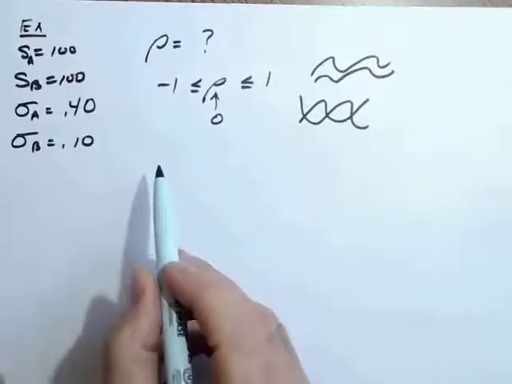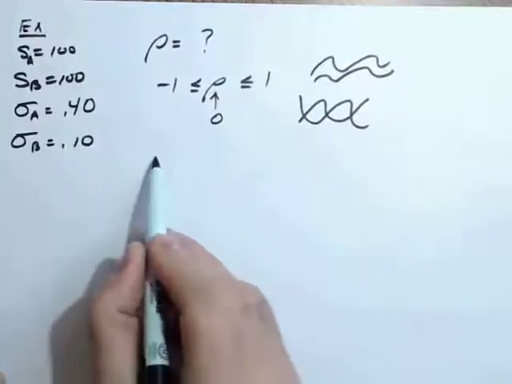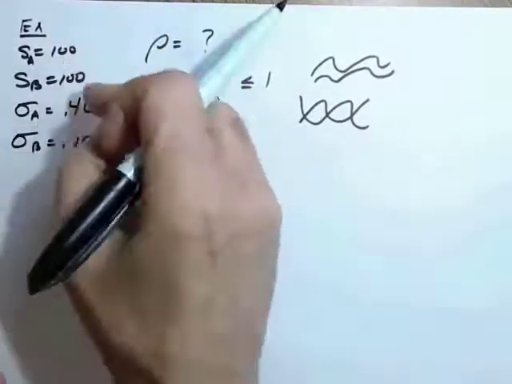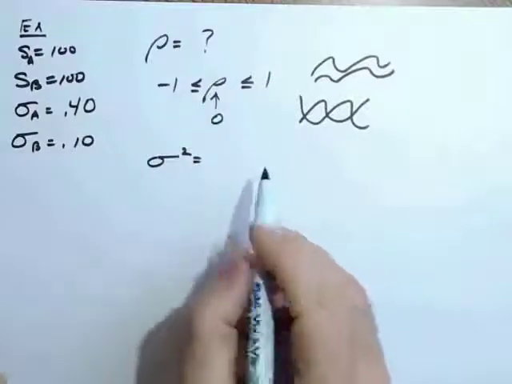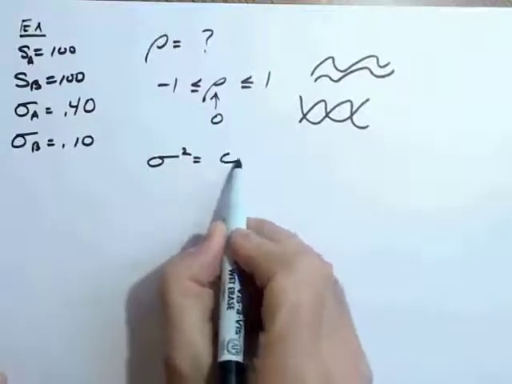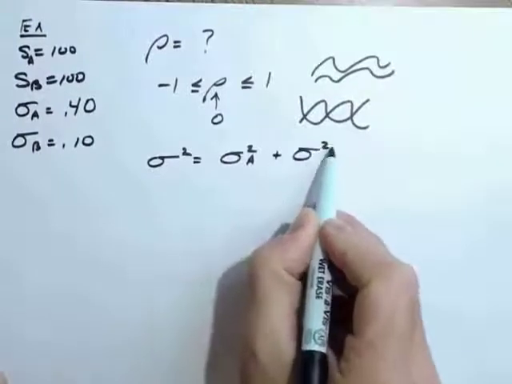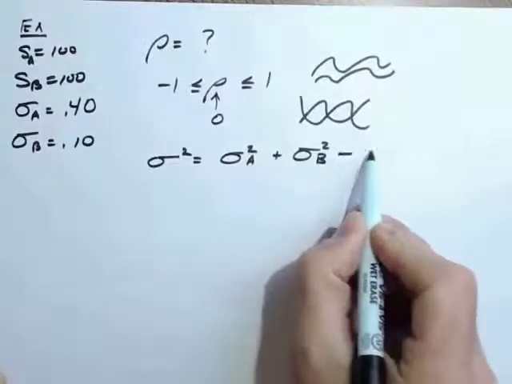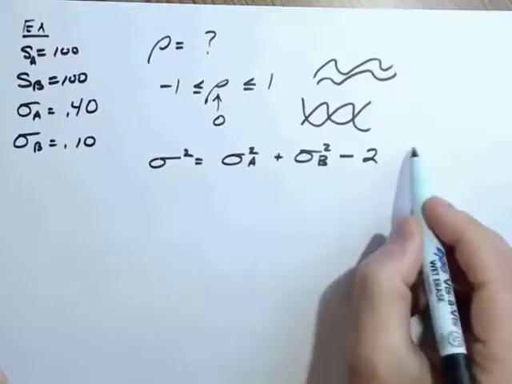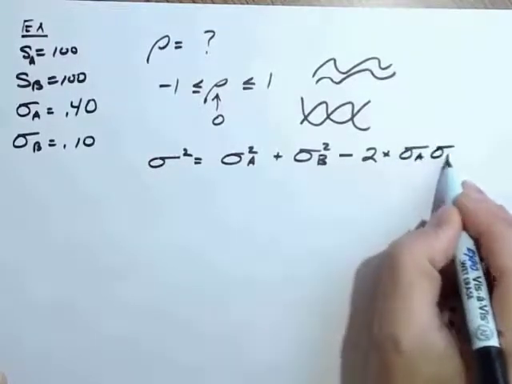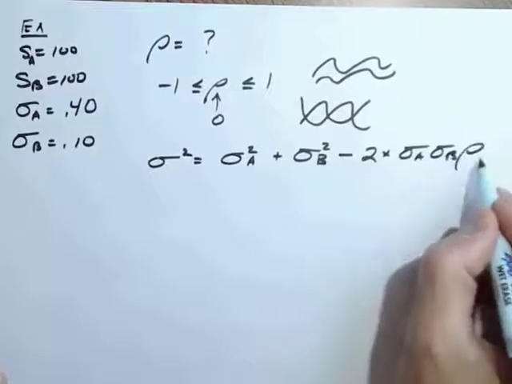we need to know the overall variance of the combined assets. And that turns out to be the variance of A, plus the variance of B, and then we have 2 times the standard deviation of A times the standard deviation of B times the correlation of AB.